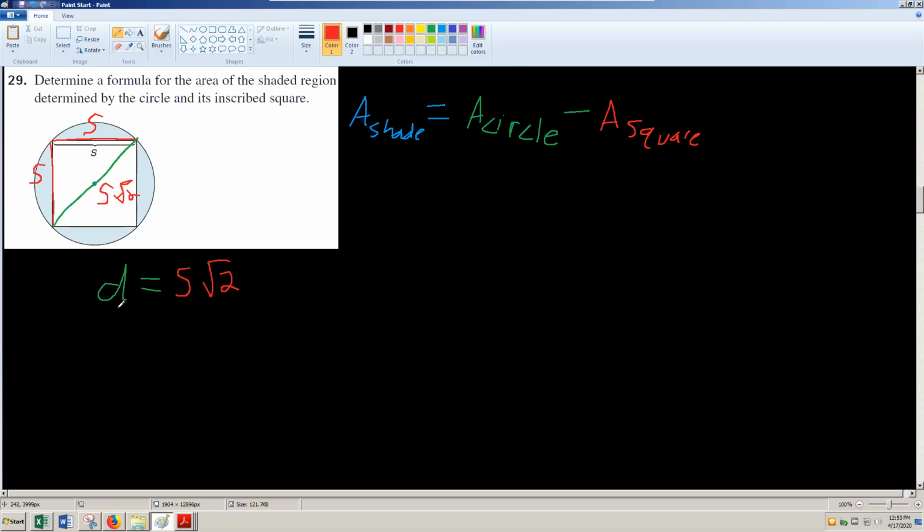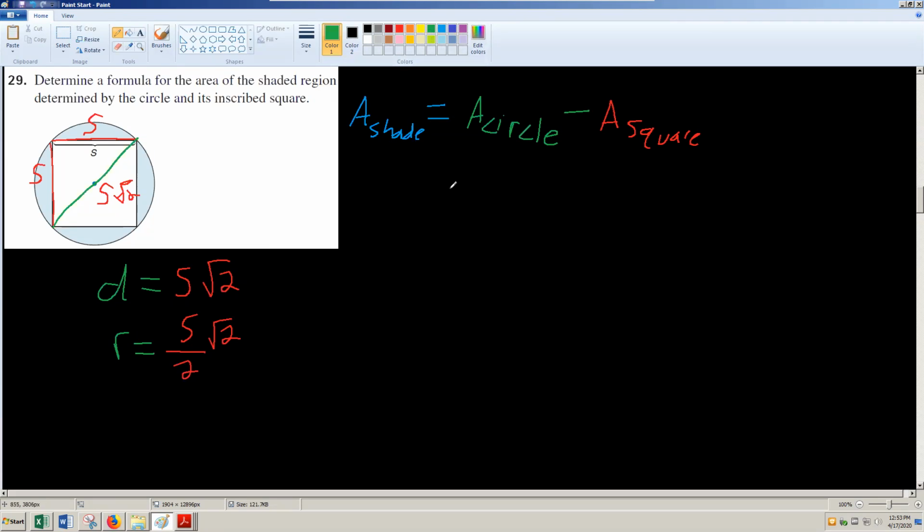And so if I want the radius for the circle, the radius is just going to be S root 2 over 2. Cool. So now that I know the radius for the circle, I can figure out what its area is.